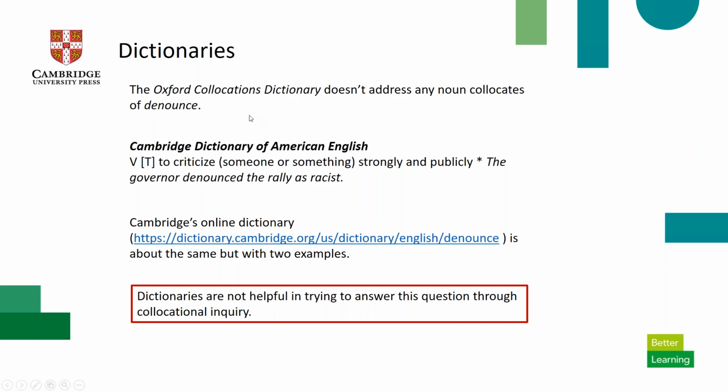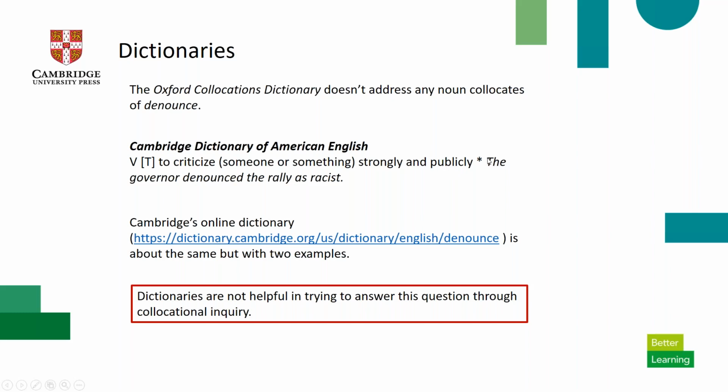The Oxford Collocations dictionary doesn't show any noun collocates of denounce. Not useful. Oxford Collocations dictionary, not useful. Cambridge Dictionary of American English shows a definition of denounce. Strongly and publicly, well, that would be a hint that maybe it's not a good use.